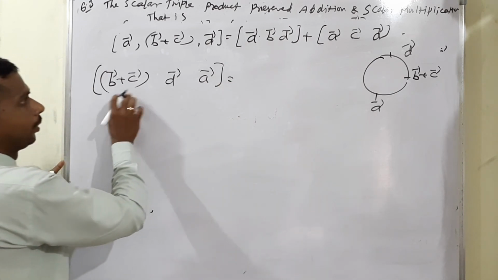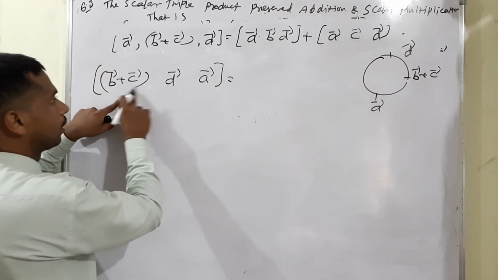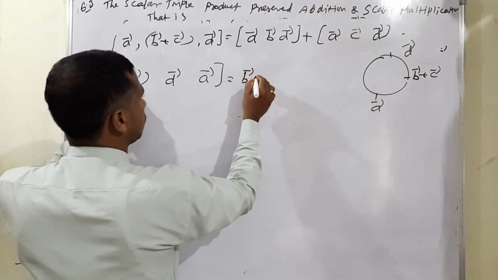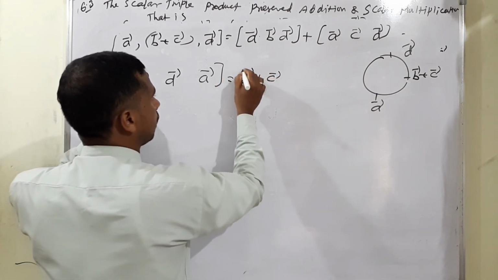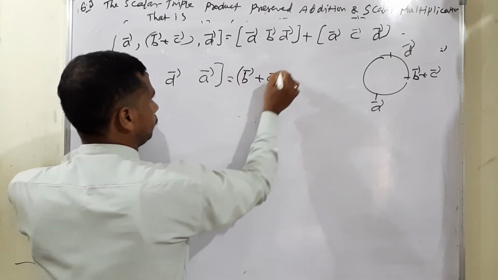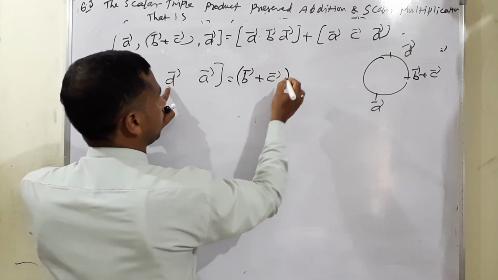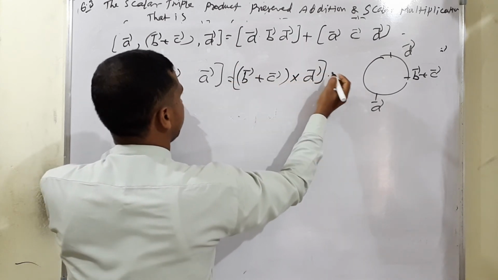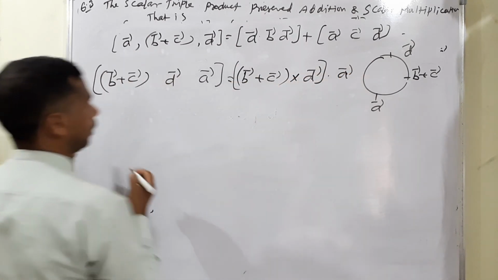Therefore, according to the scalar triple product, A vector cross B vector dot C vector. Therefore, B vector plus C vector cross D vector, then outside dot A vector.